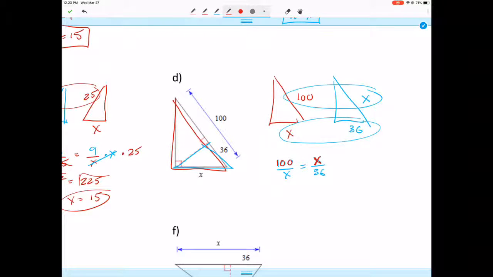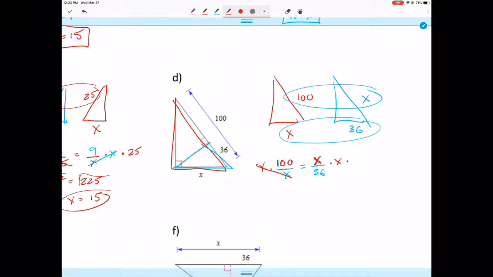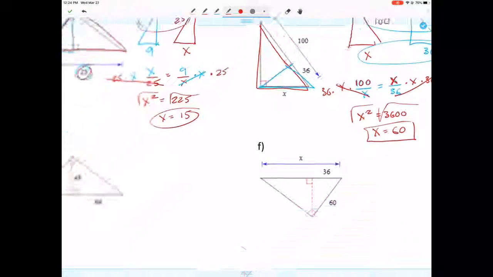If you had them switched on one side, the x's would cancel and you would never be able to solve for x. So, multiply both sides by x, and multiply both sides by 36. End up getting x squared equals 36 times 100, which is 3600. Square root both sides, and you end up getting x equals 60. All right.